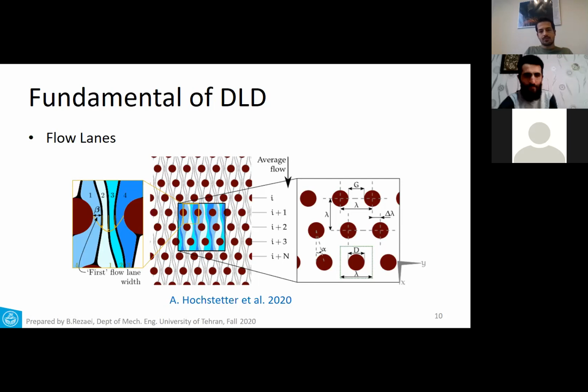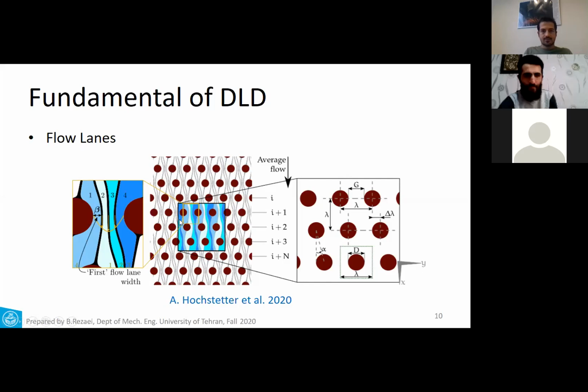There are some particles in the fluid, and these particles travel through this fluid, so the fluid reaches these obstacles. And when it reaches the obstacle, as you can see in the middle image, the colorful part has been somehow magnified.